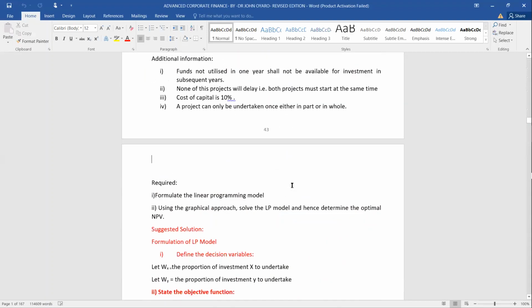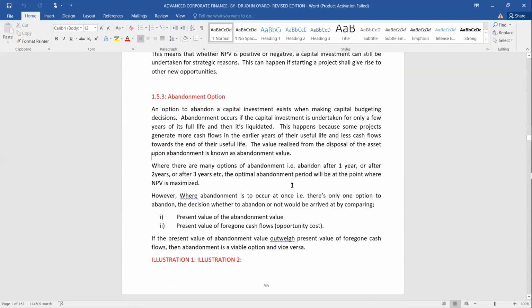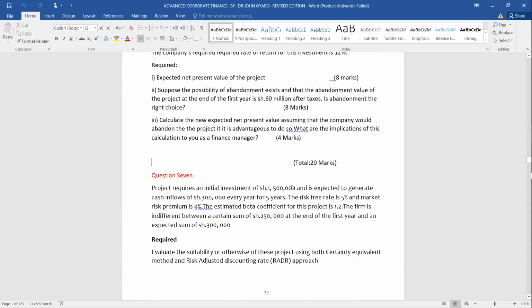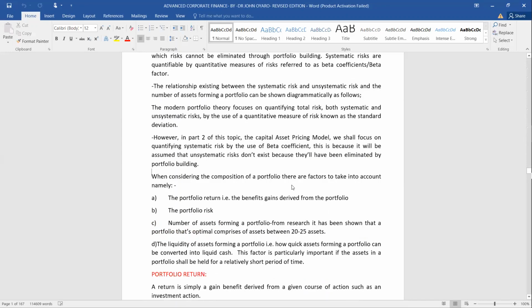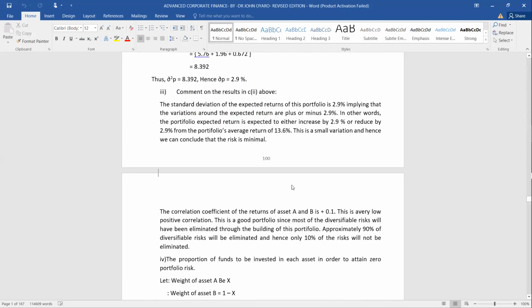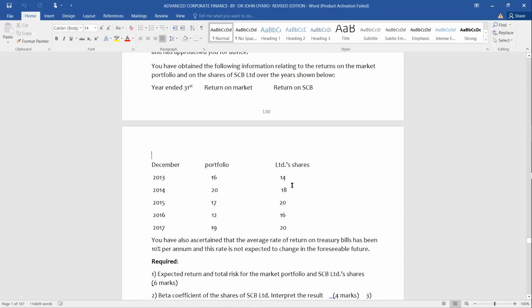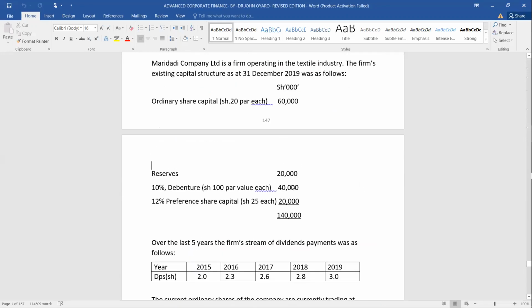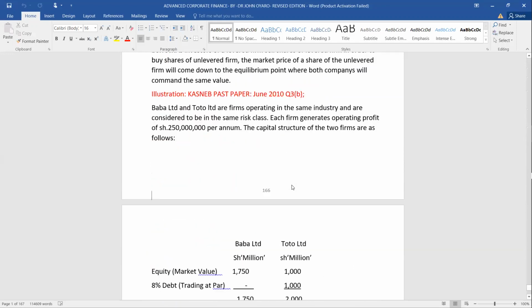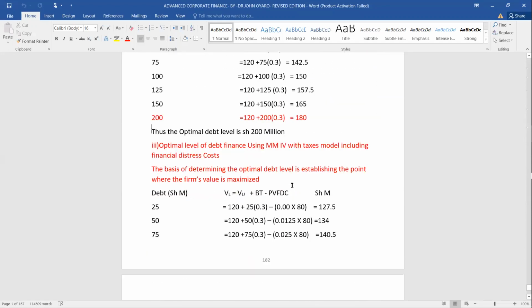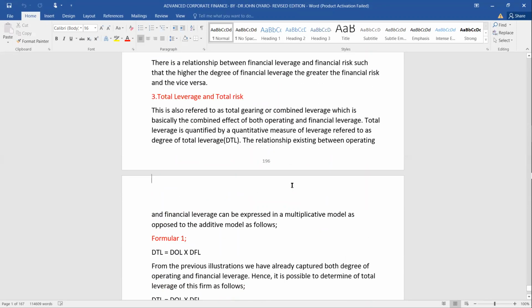What is this optimal capital structure? It is the optimal mix of equity and debt, the optimal combination of equity and debt, at which point the firm's value will be maximized and the weighted average cost of capital minimized. That is the most important issue.